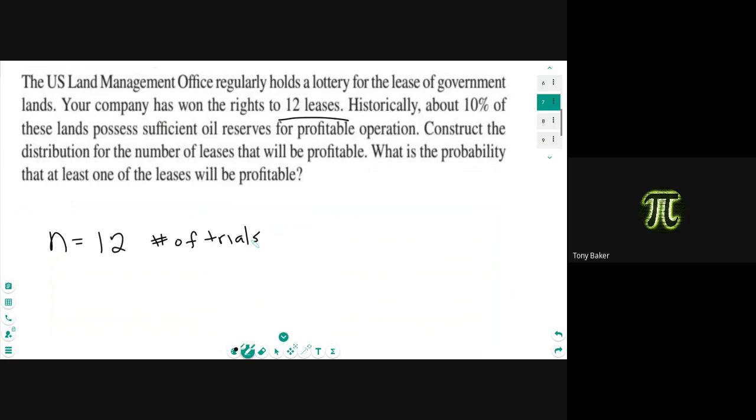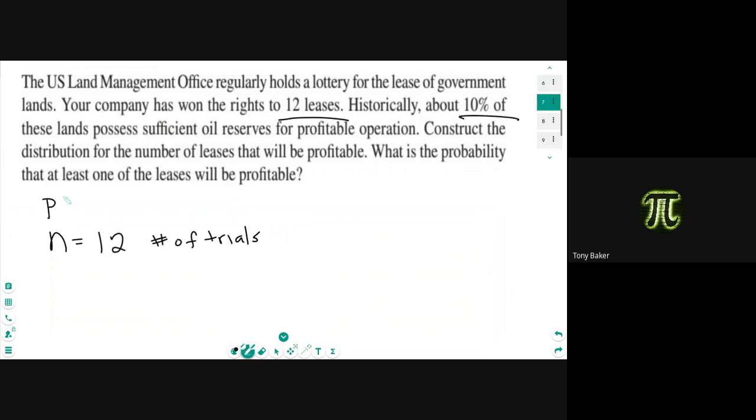All right. What other piece of information do I need to know? What's the only other number in this problem that's actually written out as a number? The 10%. And what does the 10% represent? That is my probability.